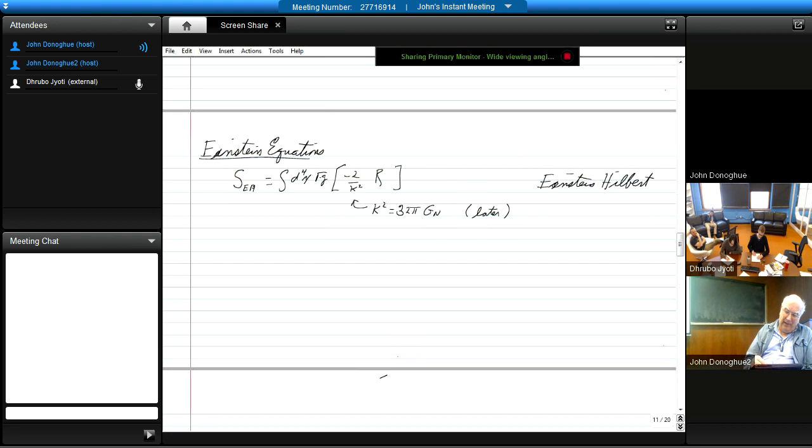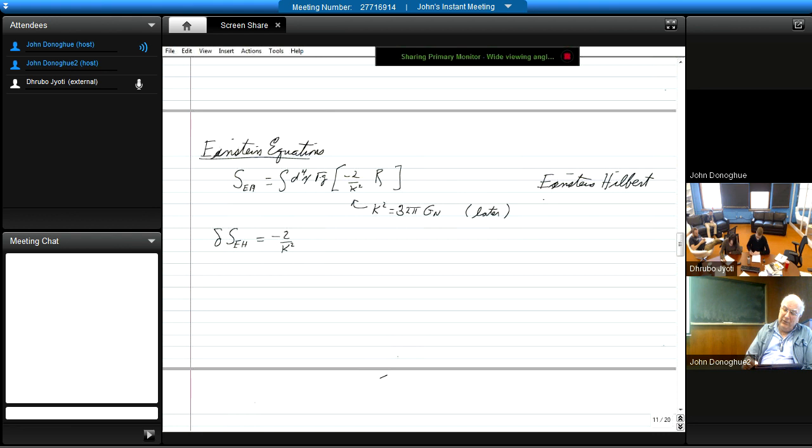Okay, so we want to vary this and get an equation. First of all, this is an accomplishment by itself. We now write out the whole action, and we've made it generally covariant. But our assigned mission is to vary this.